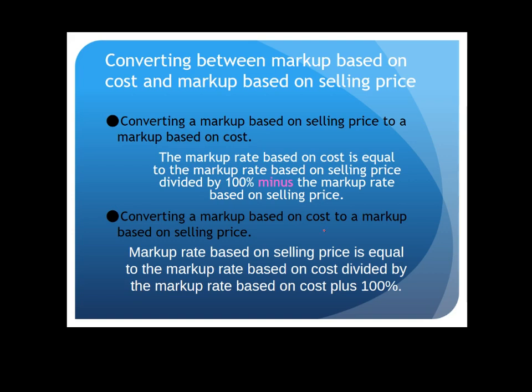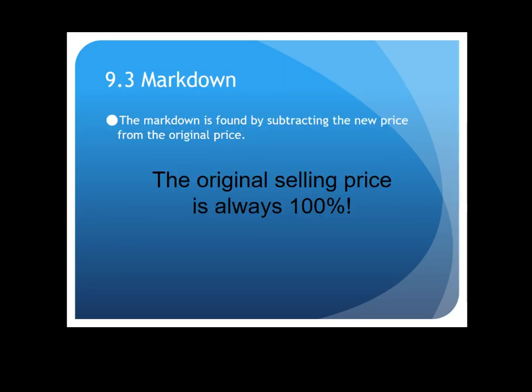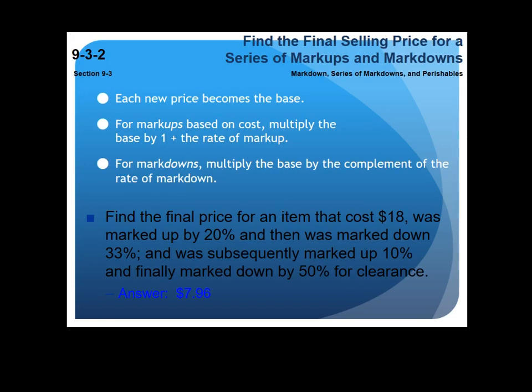And then this one is similar, but it's divided by the markup rate based on cost plus 100%. Okay, for markdown, that's for discounts, sales, things like that. So you're going to subtract the new price from the original price. The original price is always 100%, just keep that in mind.